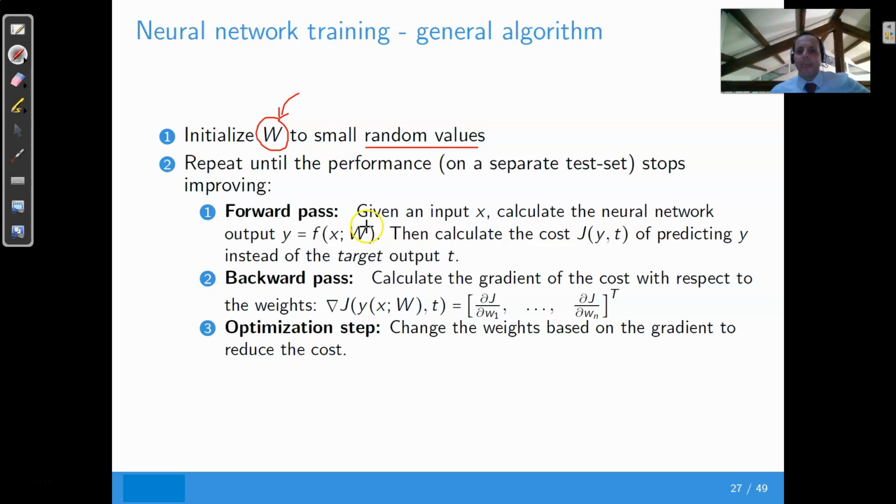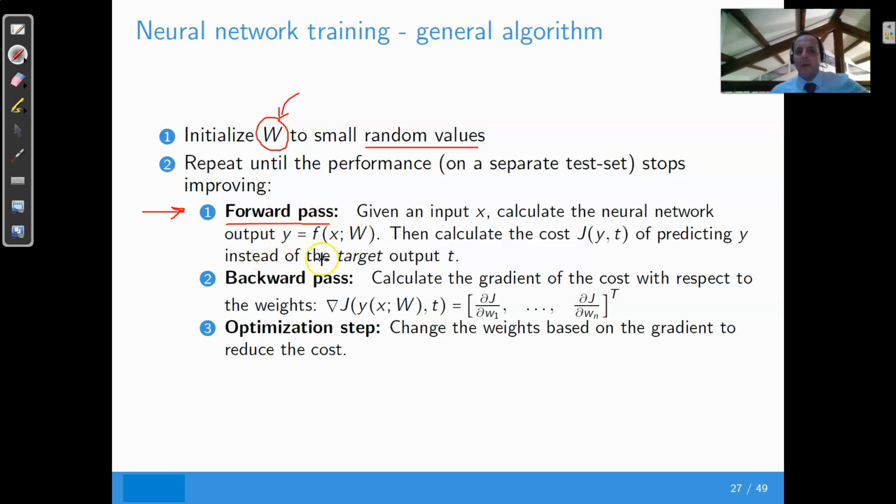and you perform an iterative procedure which starts by what we call the forward pass. So forward pass refers to the task of applying the input and then computing the neural network output.